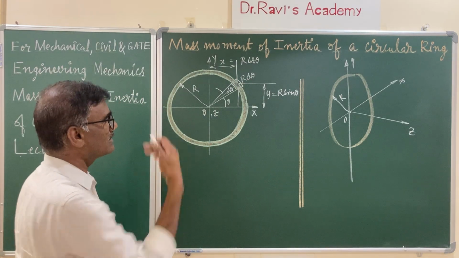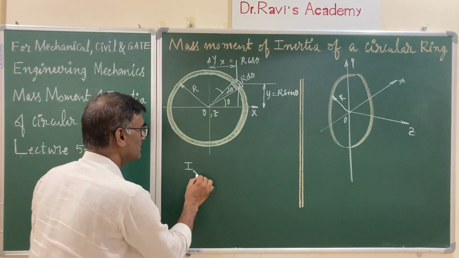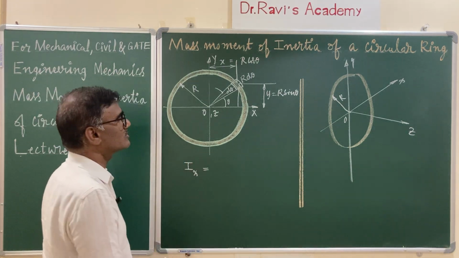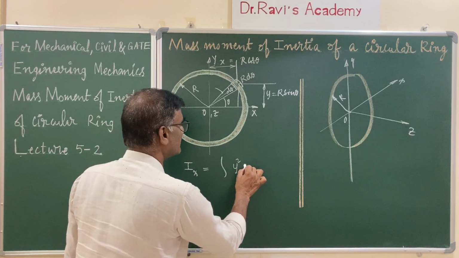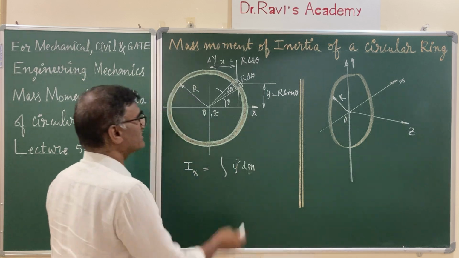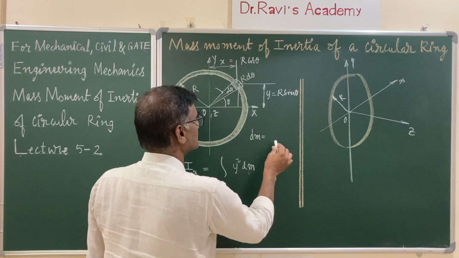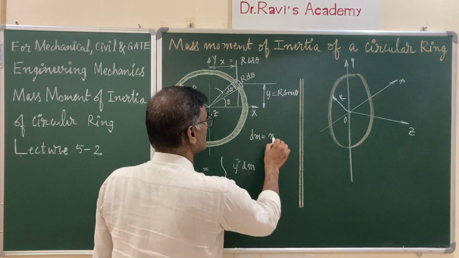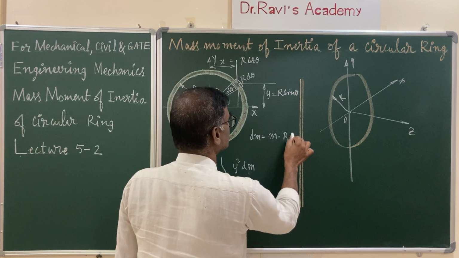Now let us calculate the moment of inertia about the x-axis. I am using the symbol I. About the x-axis, as you know the formula, it is the integral of y square dA, or y square dm, and let us write the expression for dm. So dm is equal to m, the mass per unit length, into the length r d theta.